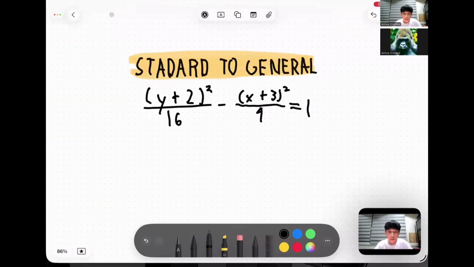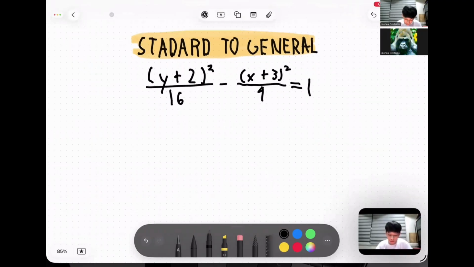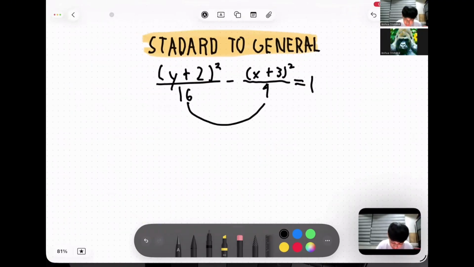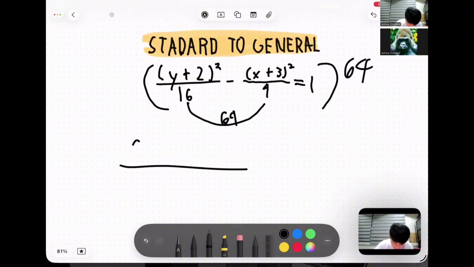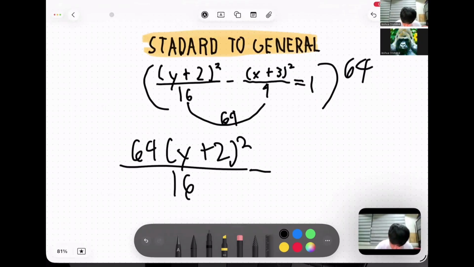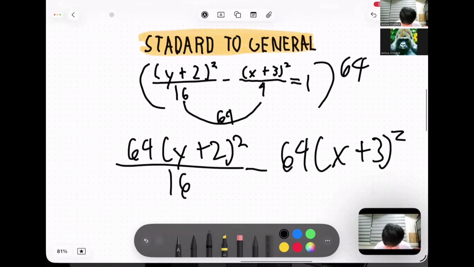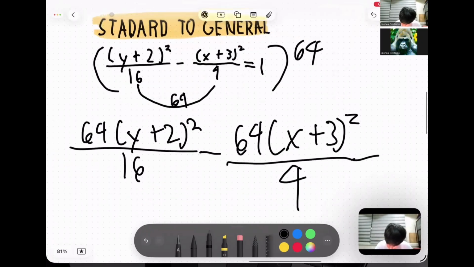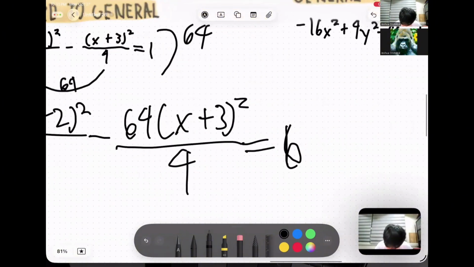That's basically it. For this, we will turn a standard form hyperbola into general form. So first, we multiply these two denominators. 16 times 4, this will become 64. We multiply everything by 64. So let's write this: 64 times (y plus 2) squared over 16 minus 64 times (x plus 3) squared over 4 equals 64.